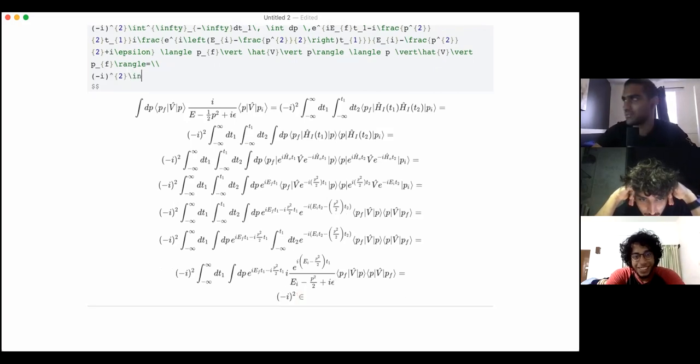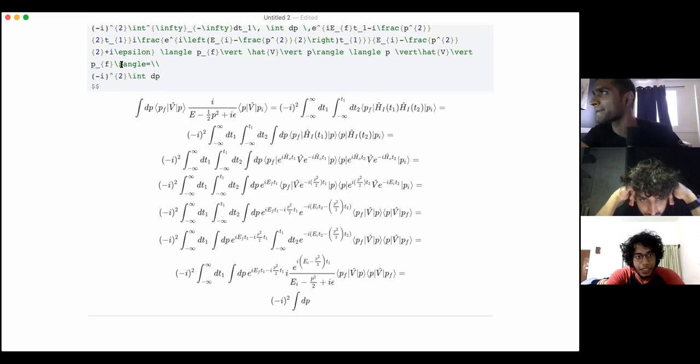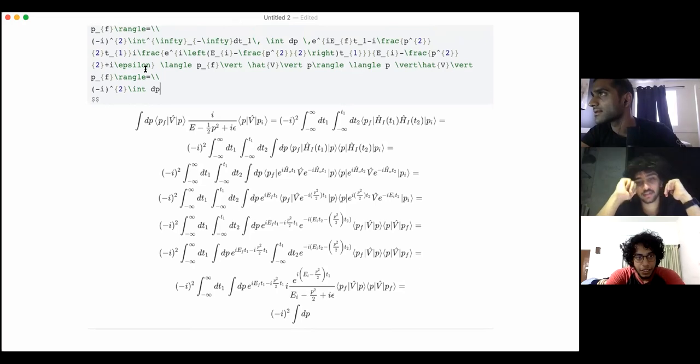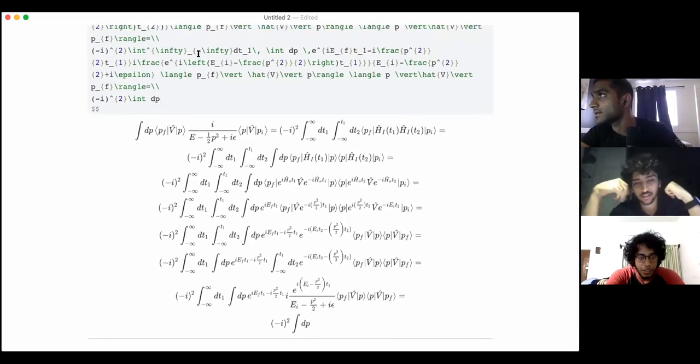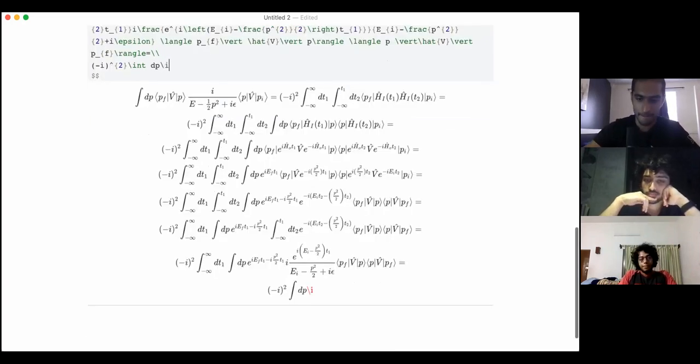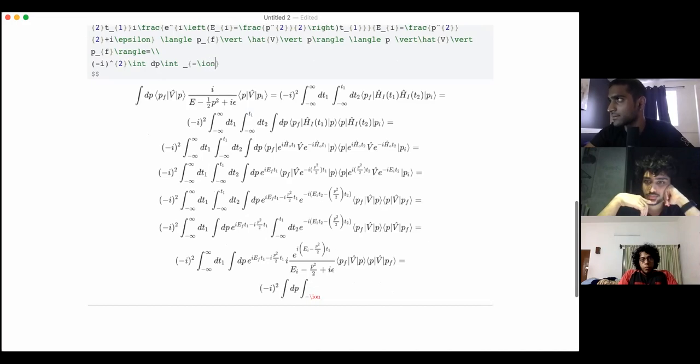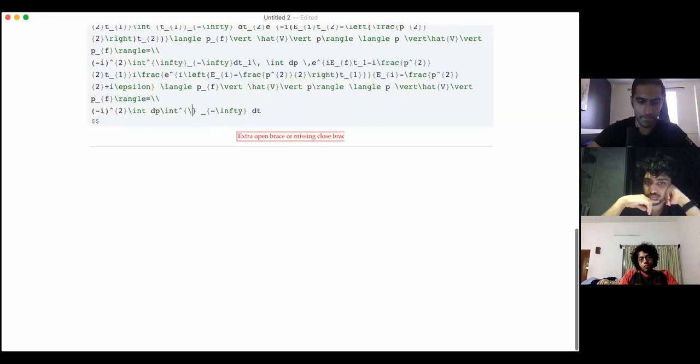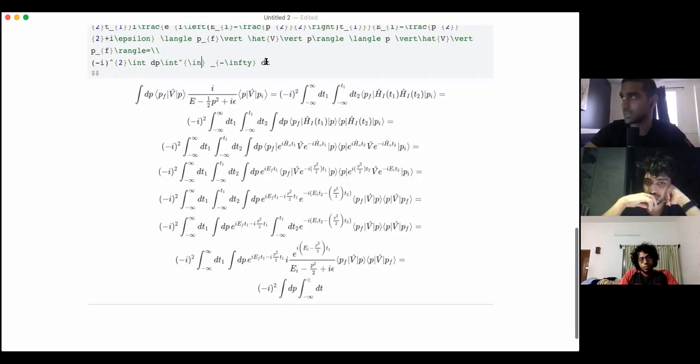Let's take dp outside. So we have our integral over T1 now. But since it's the last integral left, we don't really need to think about it as T1. We could just call it T. It's just an integration variable. I just replace it everywhere. Or if it's just confusing, let's keep T1.